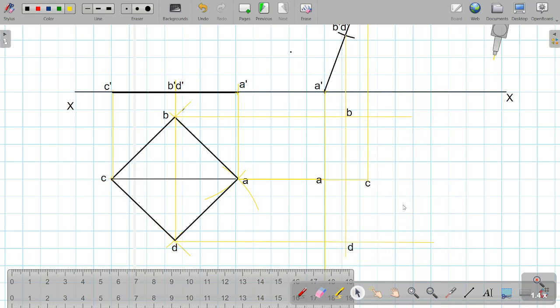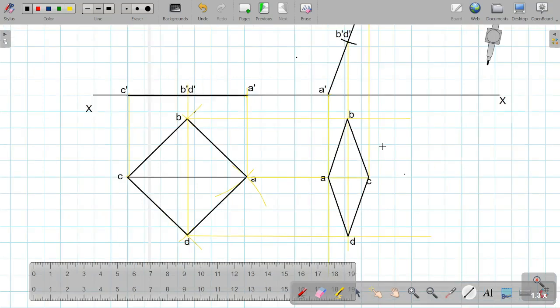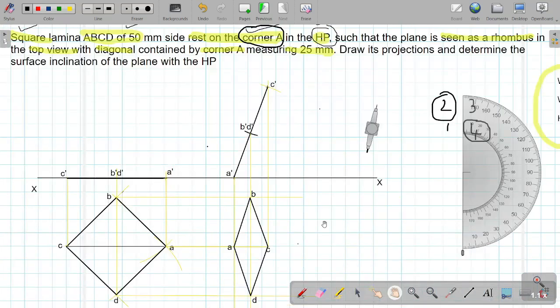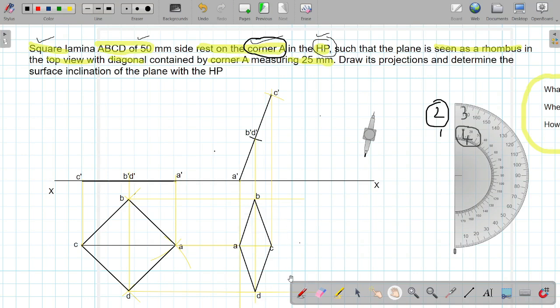Now we will join these points sequentially in dark. So starting with point A to point B, then from B to C, C to D, and D to A. So here you can see we have fulfilled the condition that it should be seen as a rhombus in the top view with the diagonal contained by corner A measuring 25 mm.